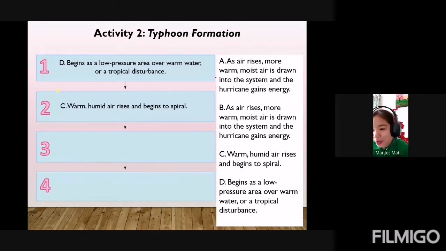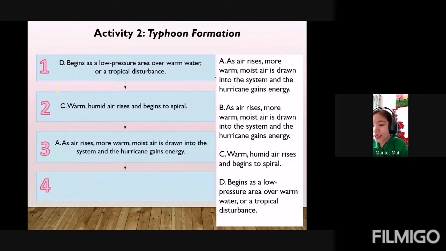Yan. So, C, dapat. Then, as air rises, more warm, moist air is thrown into the system and the hurricane gains energy. Okay? Then, ito dapat.